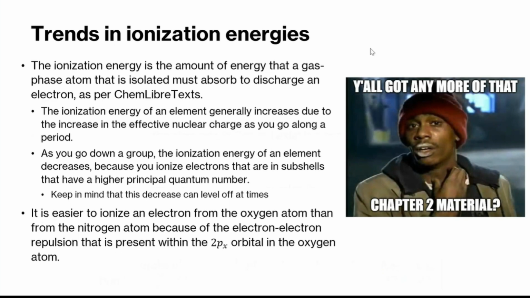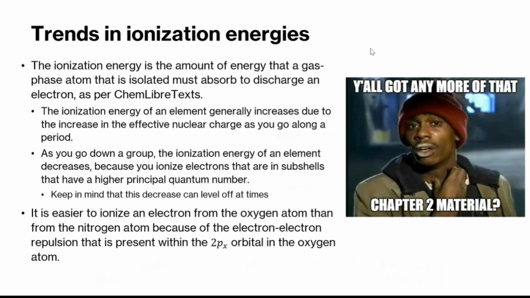The ionization energy of an element gradually increases due to an increase in the effective nuclear charge as you go along a period. However, if you go down a group, the ionization energy of the element decreases because you ionize electrons in subshells that have a higher principal quantum number. And because they have that higher value of the principal quantum number, they're farther away from the nucleus, so it'll be easier to ionize.